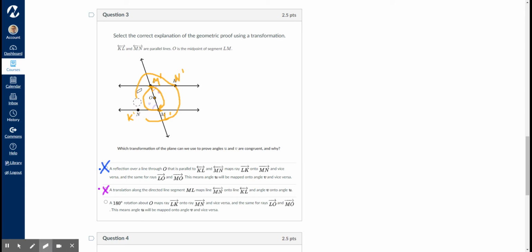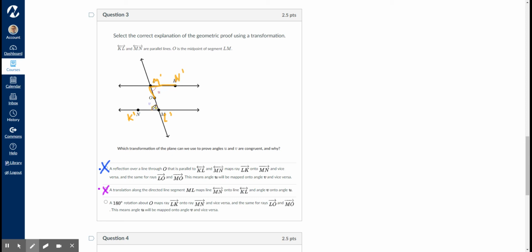I'll erase these circles because they're kind of confusing. That's L prime, that's M prime, K prime, and N prime. All right, so the 180-degree rotation brings all those points here, and angle OMN becomes angle OM prime N prime, this angle.